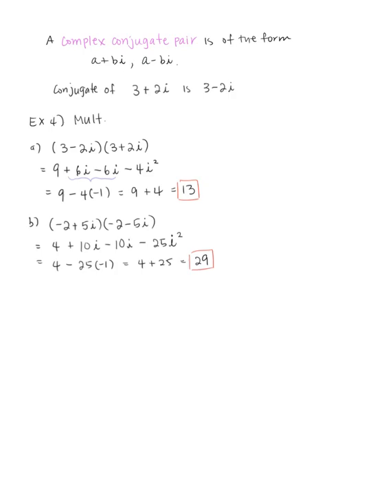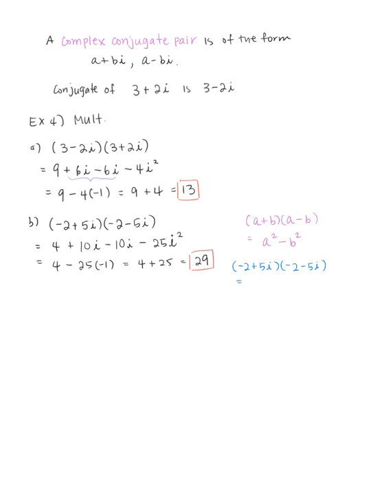Now, if you want to think of it in this way, this is totally fine. So you guys remember, if we had a plus b and then a minus b, this is same thing as a squared minus b squared, wasn't it? So we can apply that to multiplying two conjugates together, because look, if I have negative 2 plus 5i and then negative 2 minus 5i, all right, so who plays the role of a?